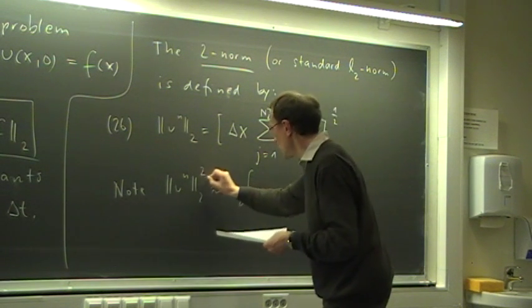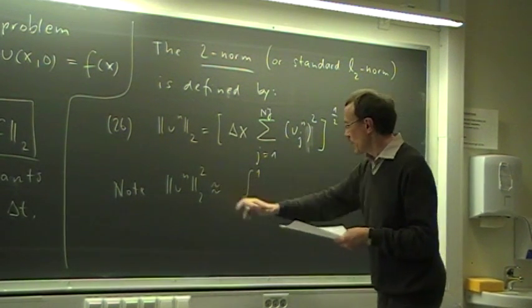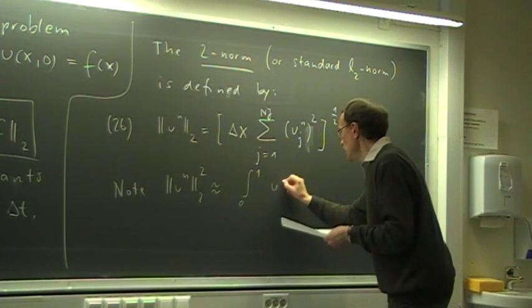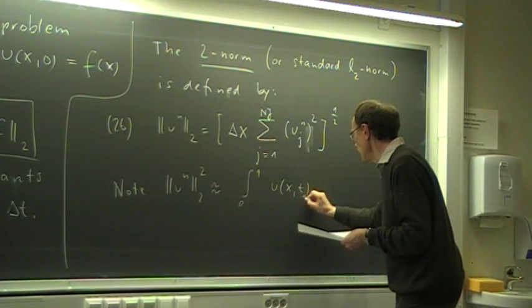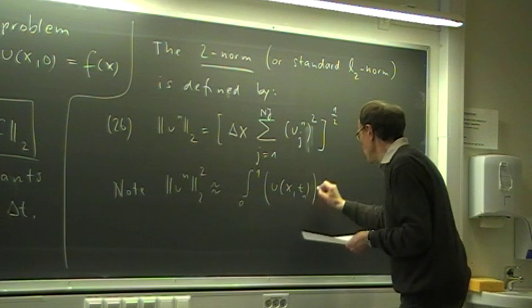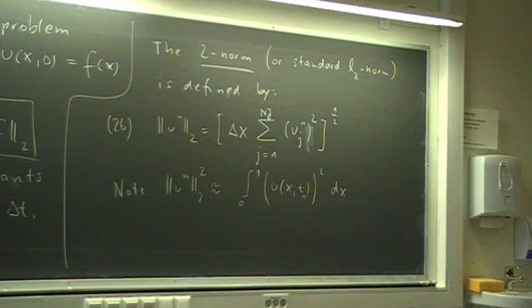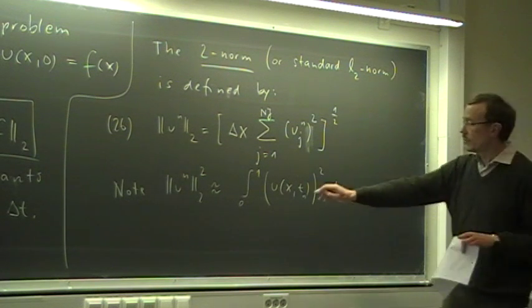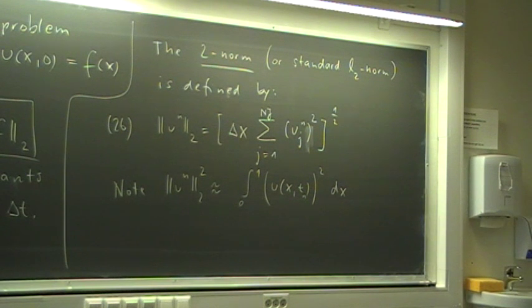If we take that squared, then we get rid of the square root. It is the integral of u of x, tn to the power 2, integrated over x. If we had a factor 1/2, then it would be really the energy that we had in the system. So that has some physical meaning actually.